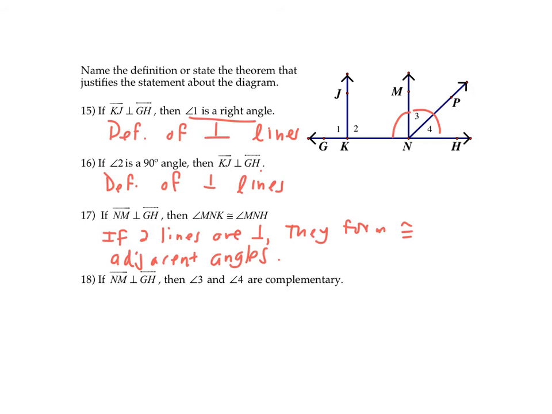Okay, one more for this diagram. It says if ray NM is perpendicular to GH, then angle 3 and angle 4 are complementary. All right, so we've got this ray perpendicular to this line, and we're saying that 3 and 4 add up to 90 degrees. So this one's a theorem, and it goes like this.